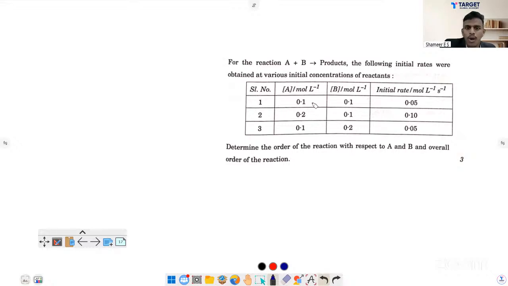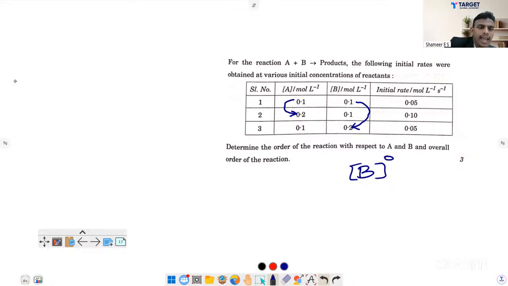If the concentration of A changes from 0.1 to 0.2, the rate becomes W. If the concentration of B changes from 0.1 to 0.2, there is no change in rate. That means the order of the reaction with respect to B is 0. B is not depending on the reaction rate.